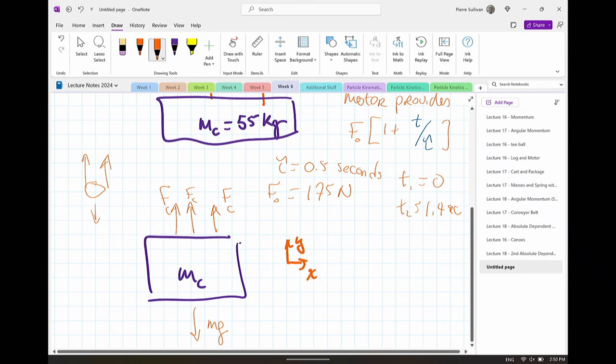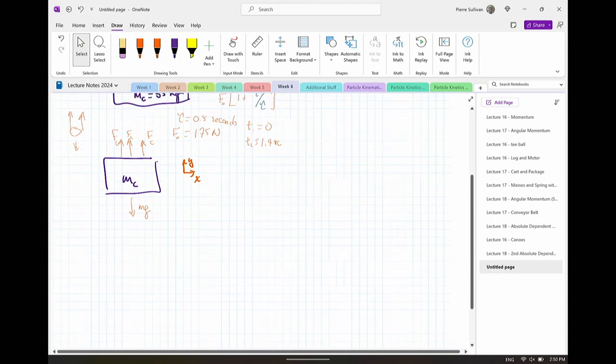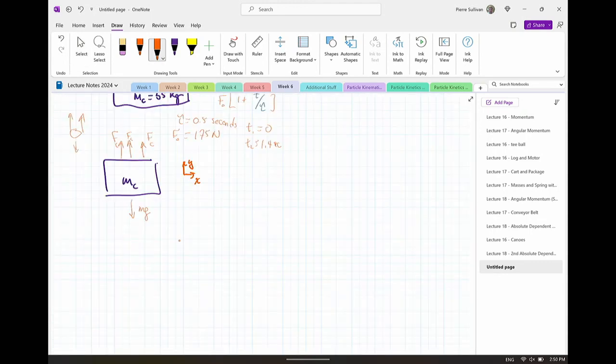Now, I'm not expecting to have any type of side-to-side motion, and typically in a problem like this, I wouldn't have any side-to-side motion. I am including weight here because this is a much longer time and it's a much lower force.